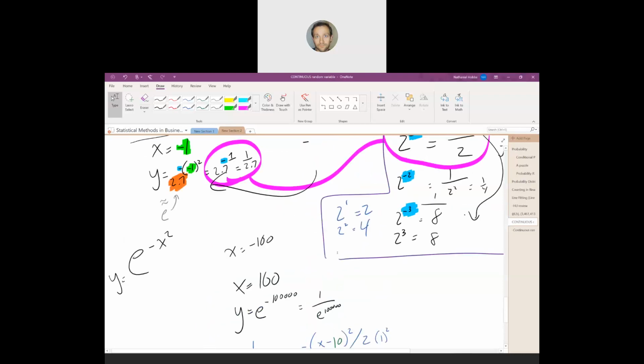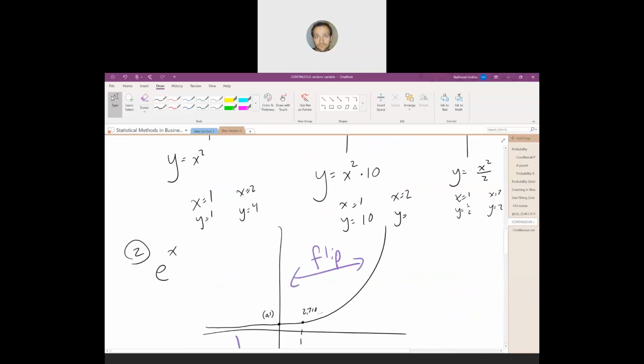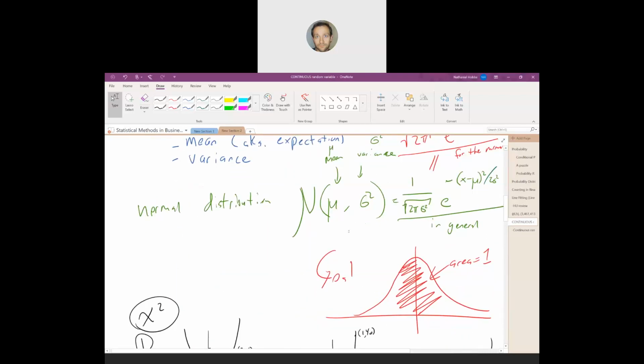One of the biggest things in probability and statistics is that everything goes to this. If you look at the average of averages, all distributions will end up looking just like this. They will end up being the normal distribution.